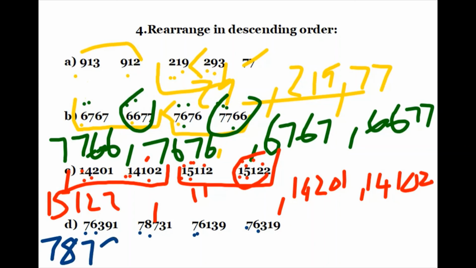And so we rule it out. So we have 7, 6, 7, 6, 7, 6. The third number is 3, 1, and 3. So this one is the smallest number, so it goes right at the end.